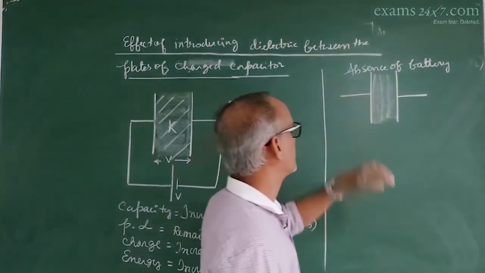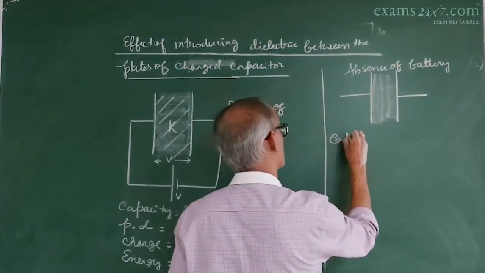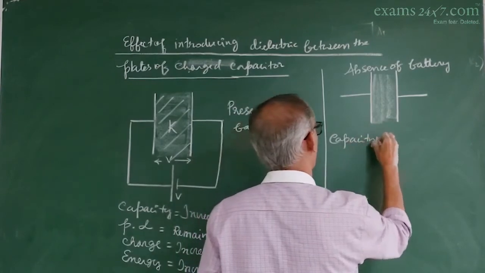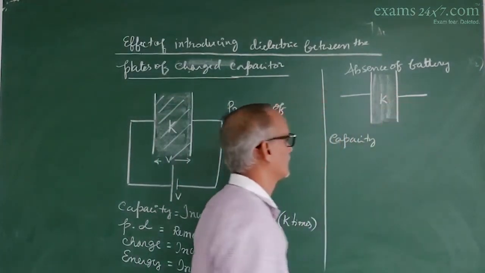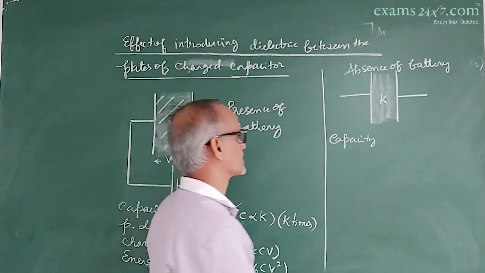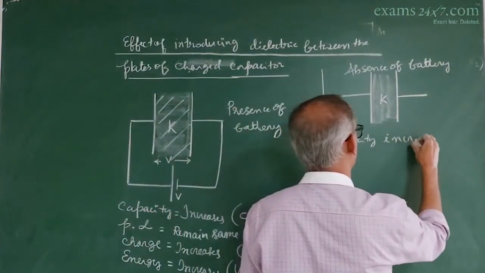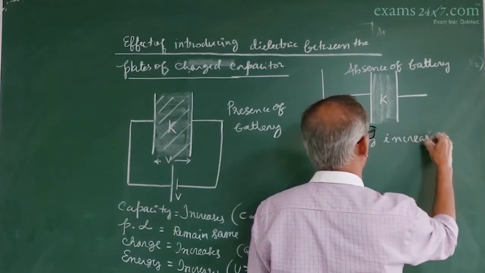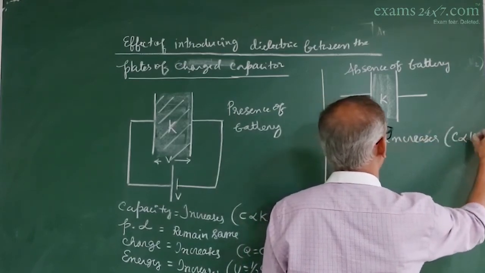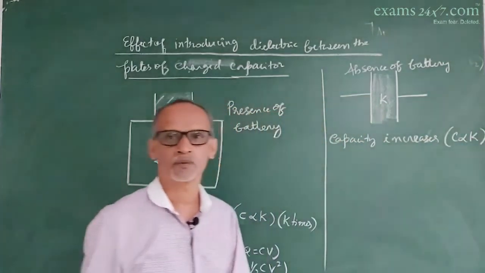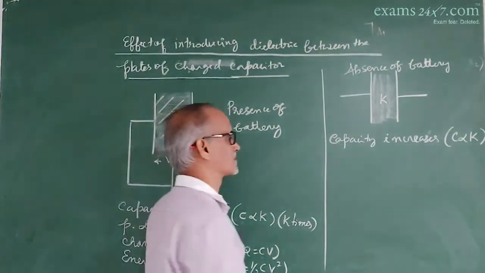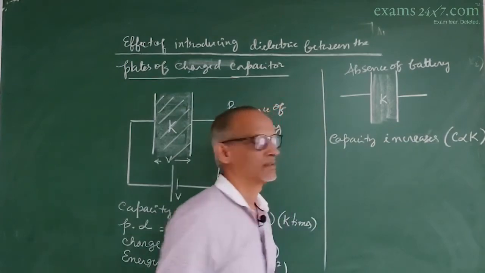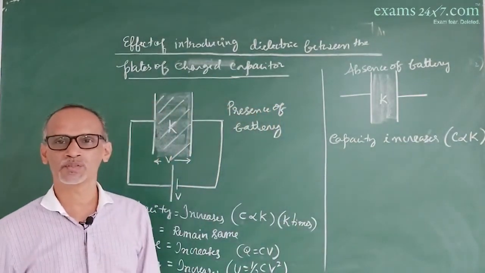Whereas in the absence of the battery, when we introduce a dielectric having value K, capacity always increases. Now, when the capacity increases, potential difference decreases, and there is no source to provide the charge.